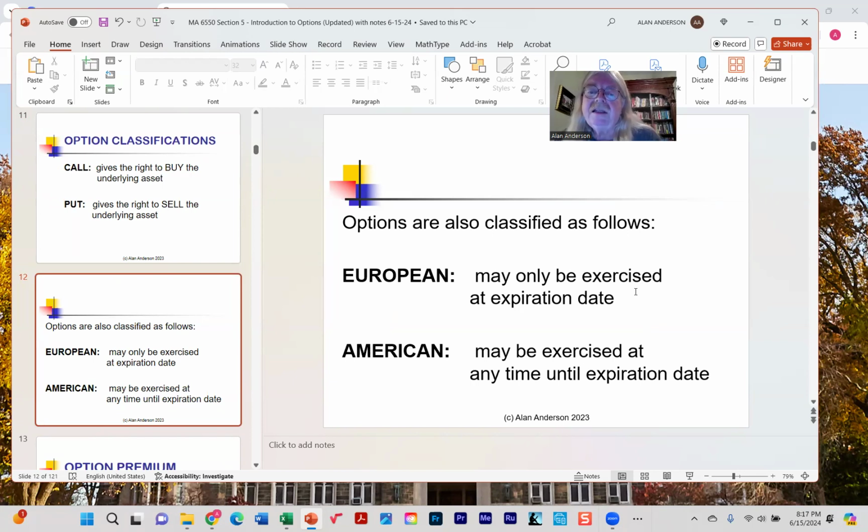Now, these are only the basic options, the standard ones. They're sometimes called plain vanilla ones. These are the ones that most activity in the markets is based on. But there are many, many others that are far, far more complicated than this, and they're all collectively known as exotic options.